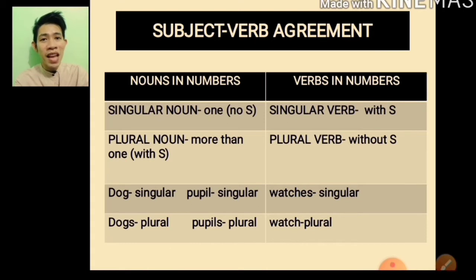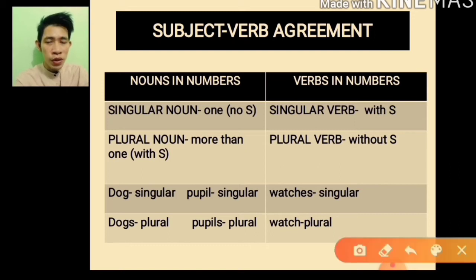So, in this scenario, we have two things to remember: numbers in nouns and numbers in verbs. Let's discuss nouns and numbers first. So, in nouns and numbers, dalawa lang ang titignan natin: the singular noun and the plural noun.